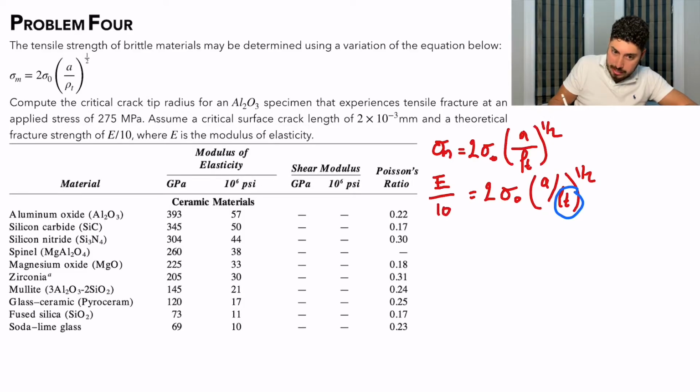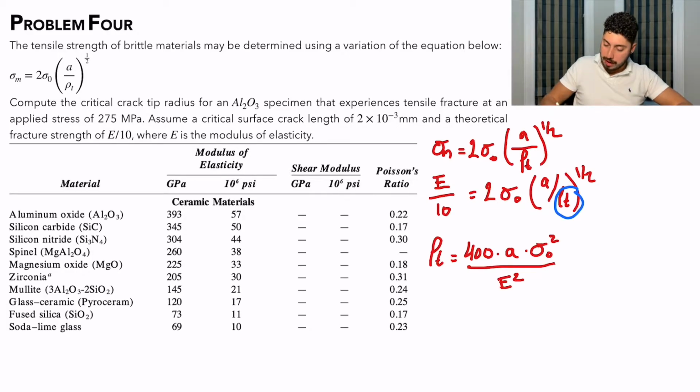So we can say that rho t is equal to 400 times our critical surface crack length times our applied stress squared all over our Young's modulus squared. So now we have our critical surface crack length and we have our applied stress, but we don't have our Young's modulus. So we're given this table on the side.